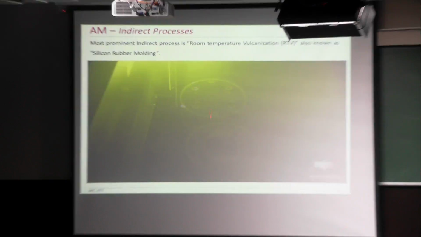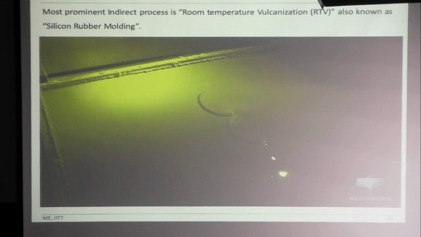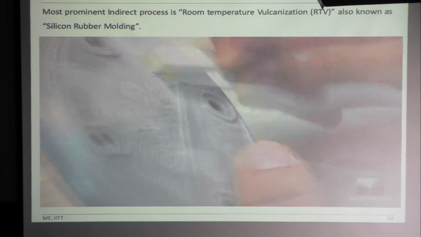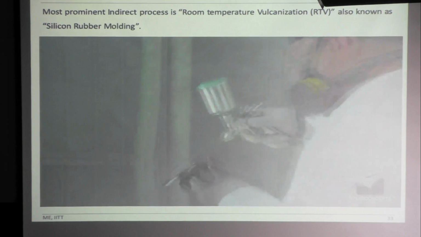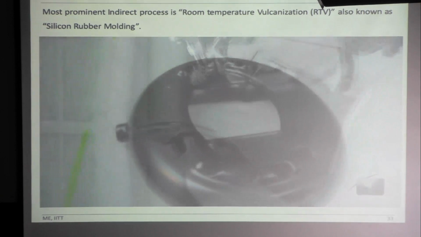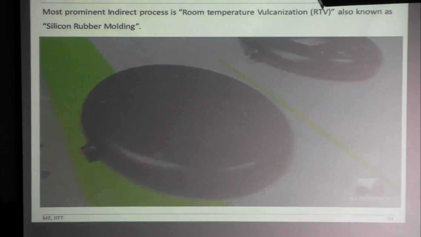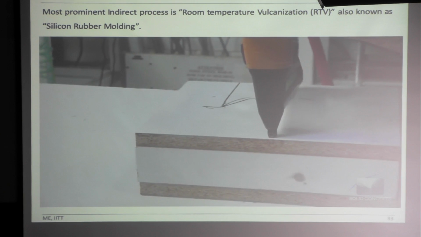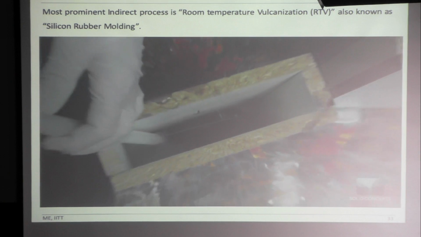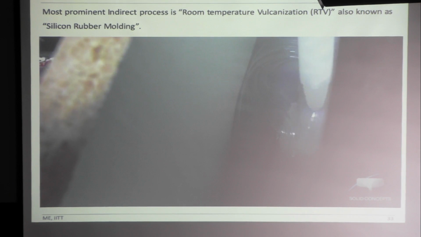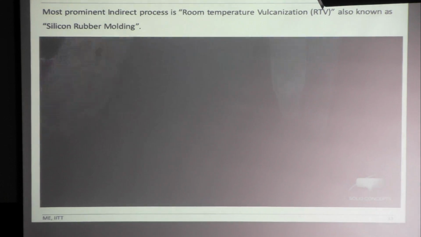So initially the master pattern is manufactured by using an AM process. So this is a master pattern. Now it has been coated for proper surface finish, and then we place it within a box and pour the silicon rubber.